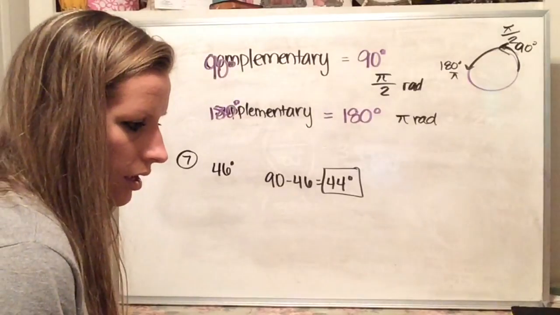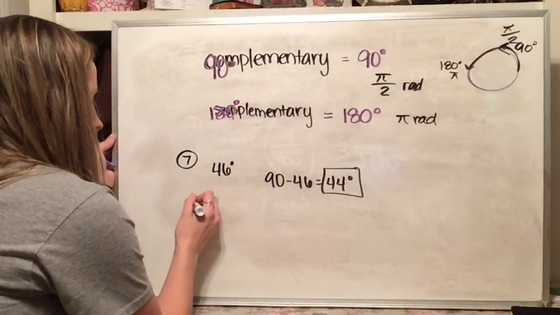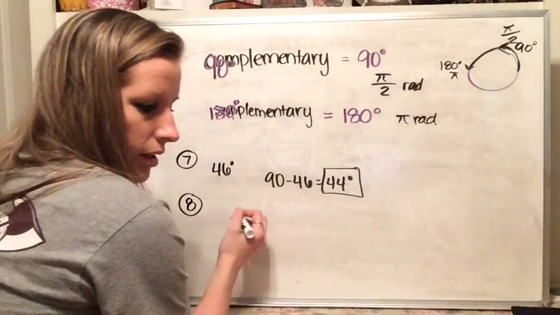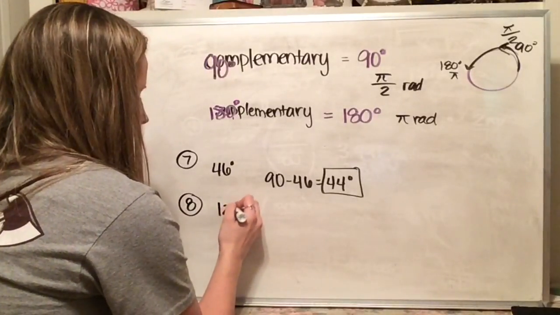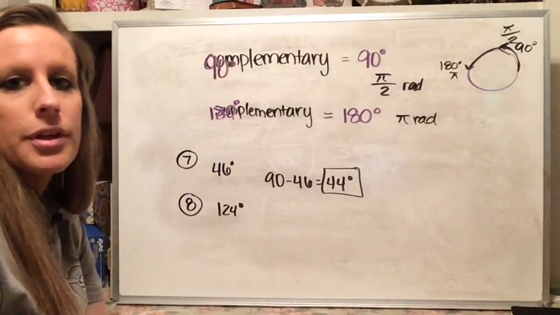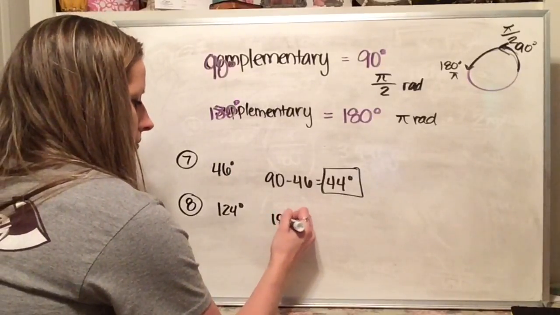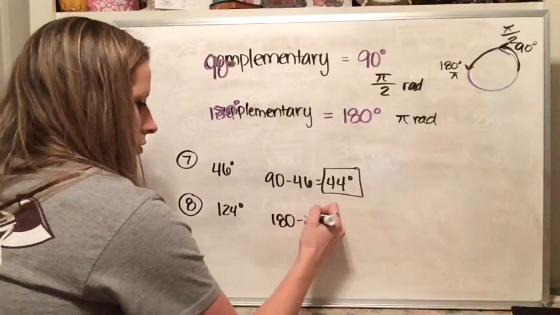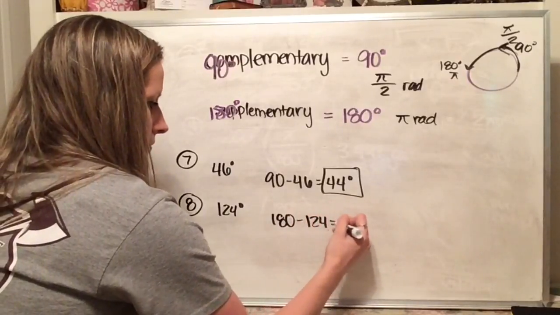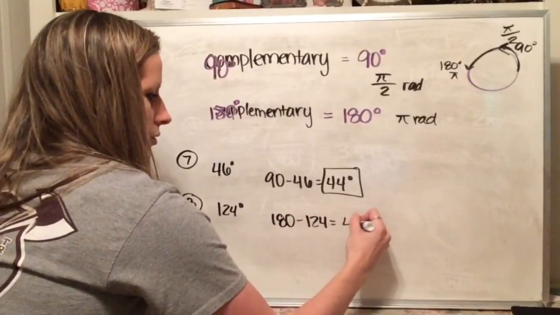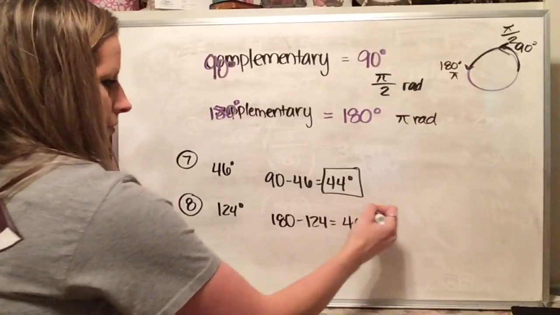Okay. Number 8, find the supplement of a 124 degree angle. So supplementary angles add up to be 180 degrees. So I'm going to take 180 and subtract my angle. 180 minus 124. Okay, that gives you 46 degrees.